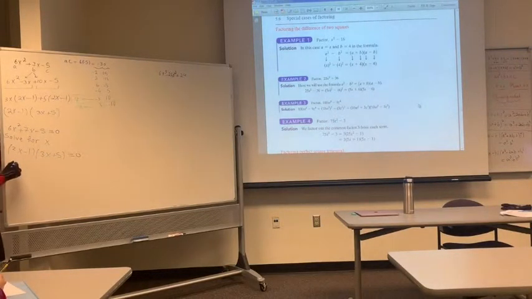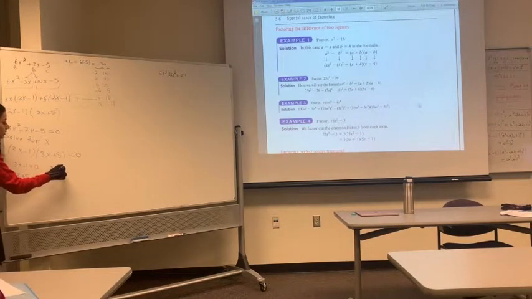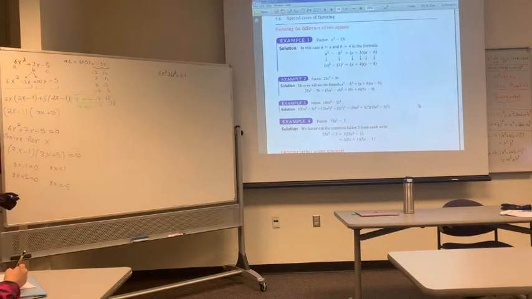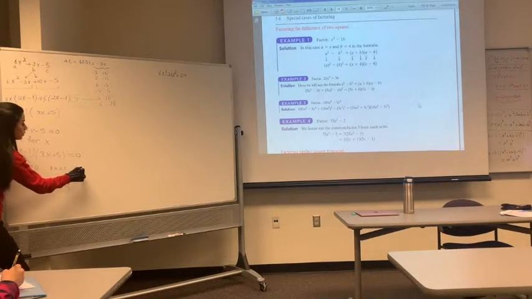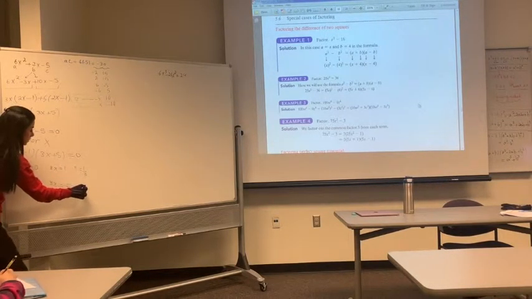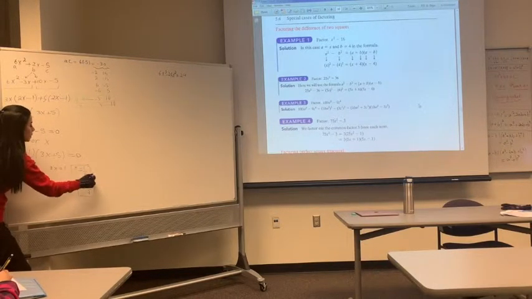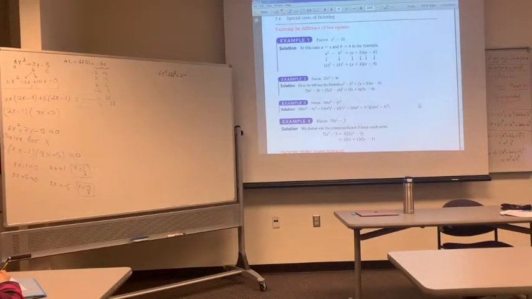So either the first parenthesis equals 0 or the second parenthesis equals 0. This one gives us 2x equals 1, this one gives 3x equals negative 5. Then x is equal to 1 over 2, and x is equal to negative 5 over 3. These are the 2 answers for this trinomial, correct?